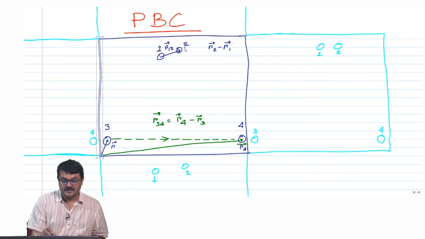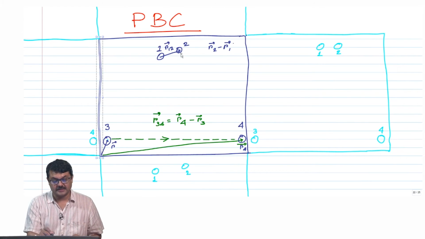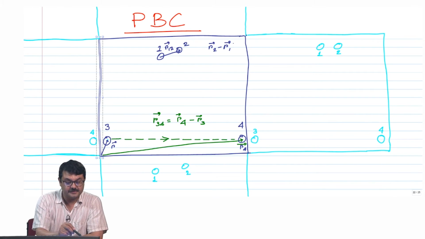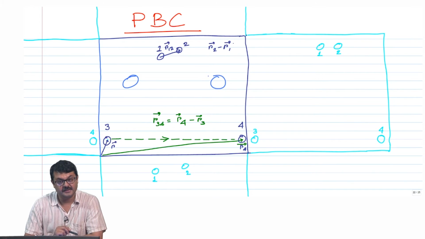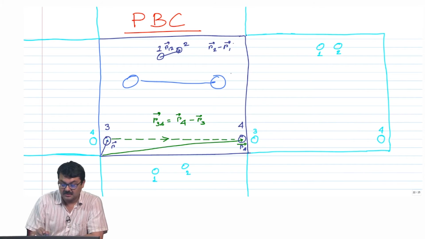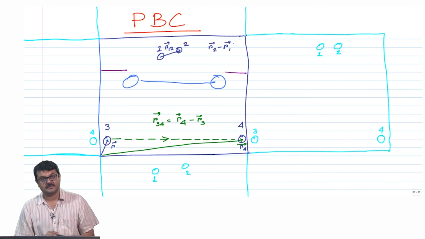If it is this, then of course you should take this distance, but suppose one particle is here and one particle is here, then you have to check whether this is your minimum distance or this plus this is the minimum distance, right.